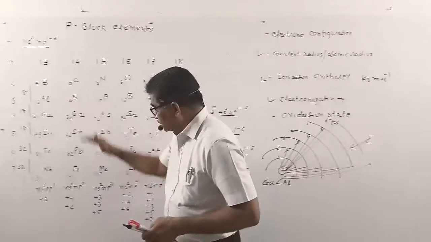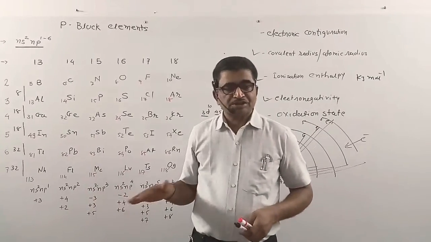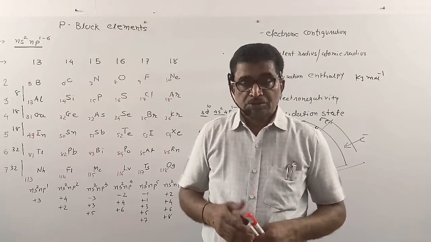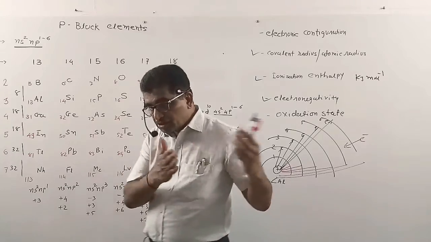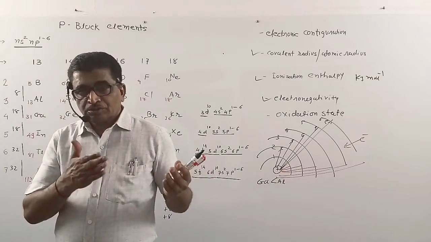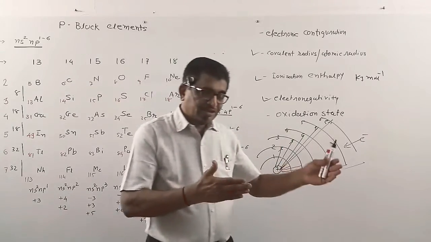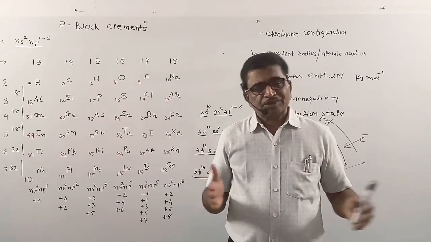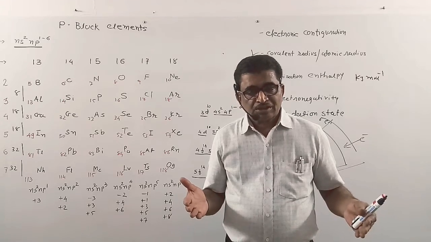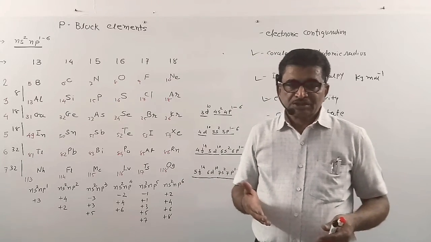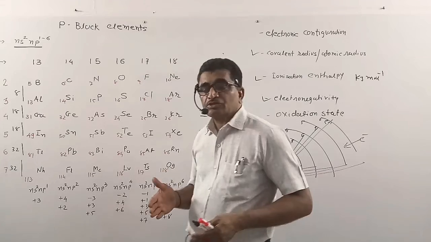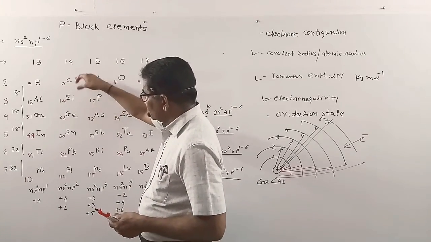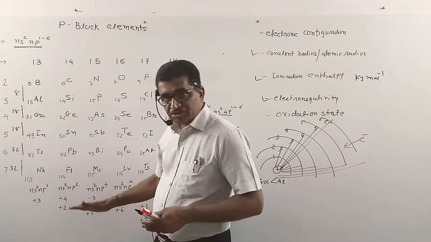From top to bottom, electronegativity always decreases, because to attract another atom's electron from the nucleus, the distance is higher. If the distance increases, the attraction decreases. In the sense of electronegativity, for each and any group it always decreases.